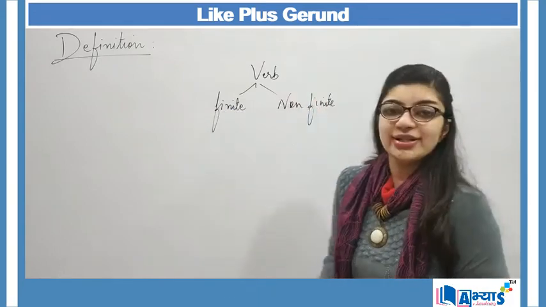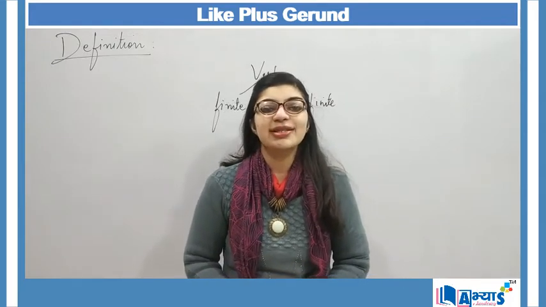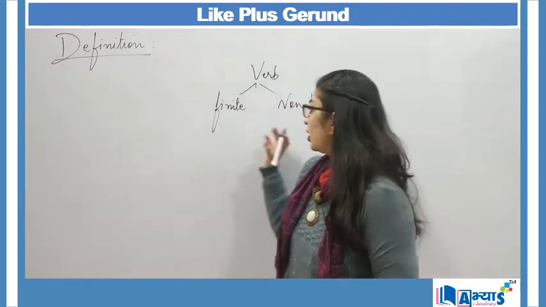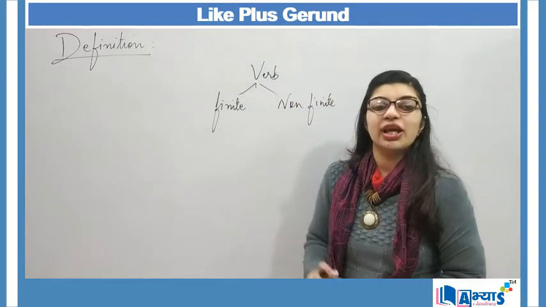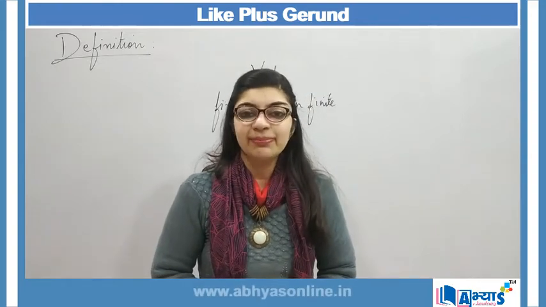Now finites are all those verbs which contain subject as well as time along with the person in it. But when we are talking about non-finite, it will not contain any subject, neither will it contain any person.